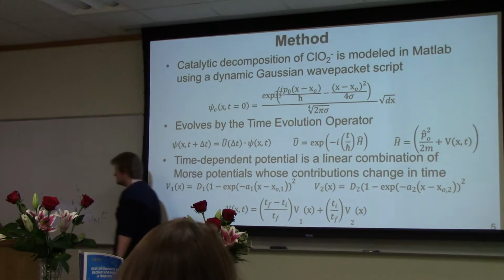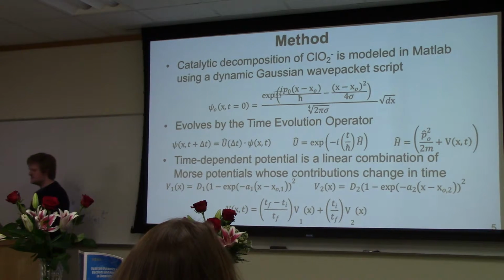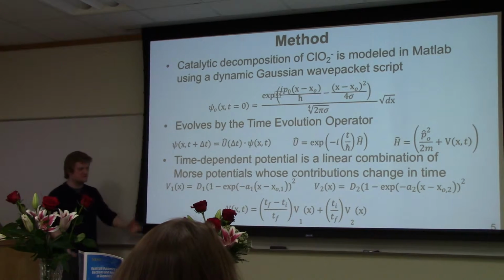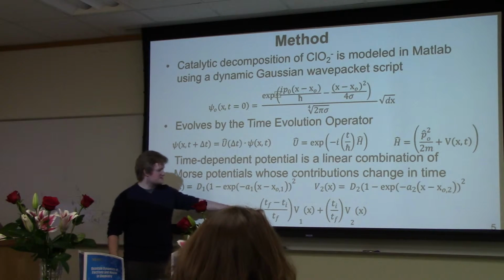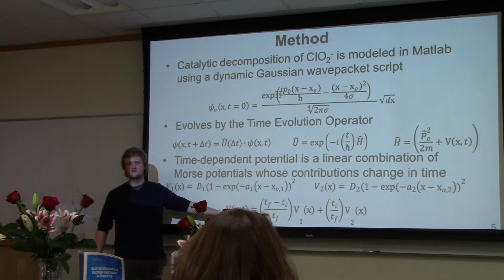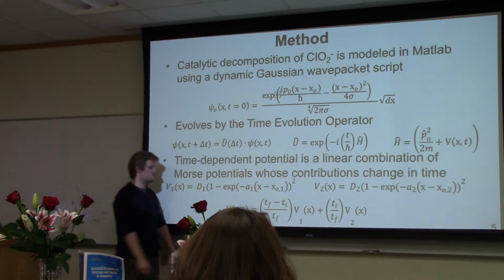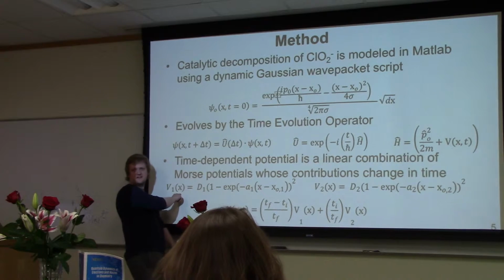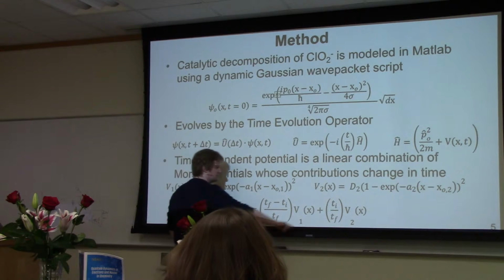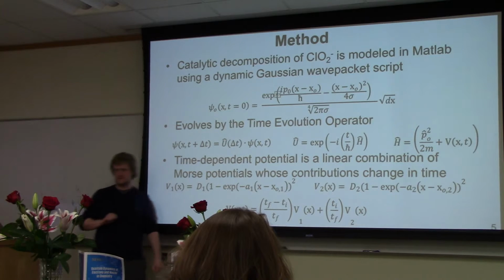And so what I do is I take the linear combination of these two Morse potentials, and I change their relative contributions to the overall potential with time. So I go from starting with a predominantly uncatalyzed potential and slowly build into my catalyzed potential.